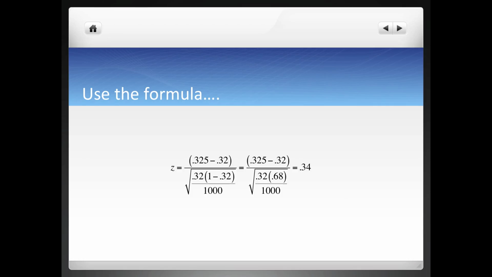After the second equality, I've simplified things a little bit, and I put this in my calculator to get 0.34. Now, the beauty of having this on the video is you can stop me, and I would highly recommend that you do this. Grab your calculator, try putting this in your calculator, and make sure you can get the final answer of 0.34.